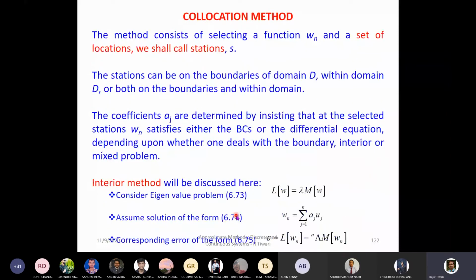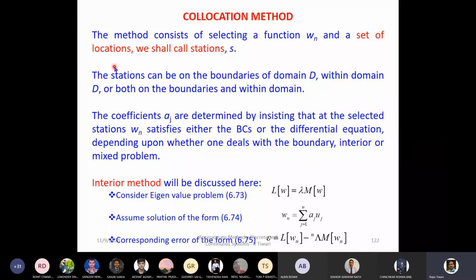So here, what we do, we choose the function depending upon the three methods I described earlier, and we choose a set of locations on the structure. That is called stations.